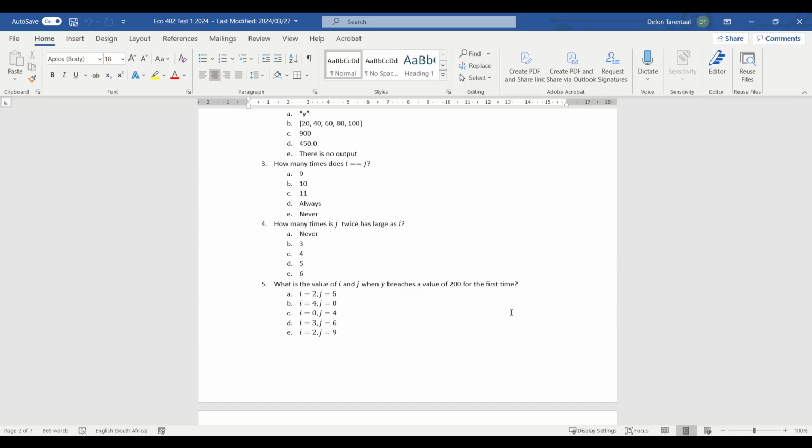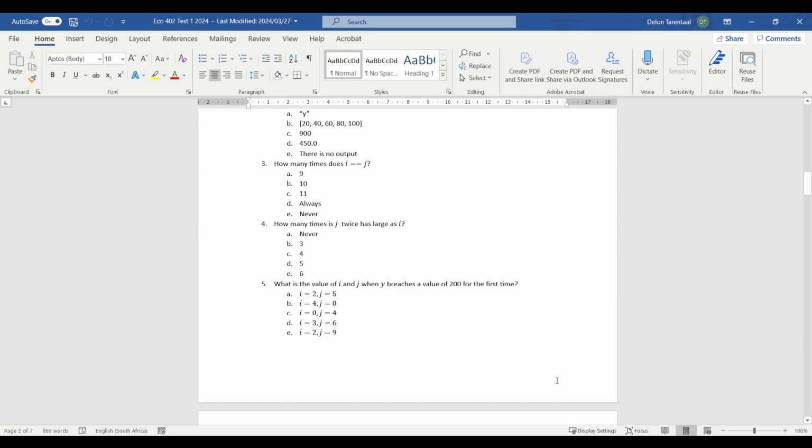What's the best way of doing it? So, can you explain the question in different terms? What is the value of I and j when y reaches?